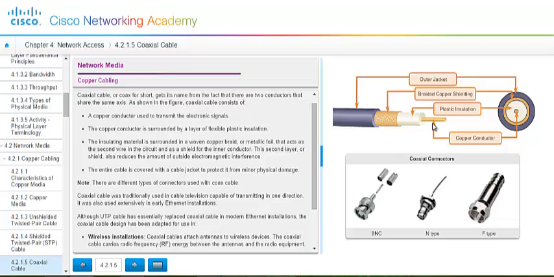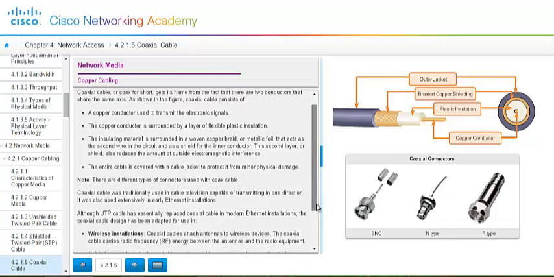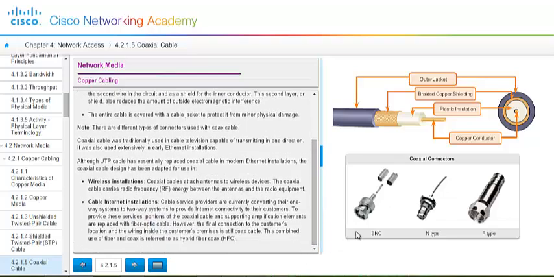The copper conductor is used to transmit the electronic signals, and the copper conductor is surrounded by the flexible plastic insulation. You have different types of connectors. This is a BNC. You have your N-type and your F-type connectors. It all depends on what you're going to use them for as to how the cables are connected.